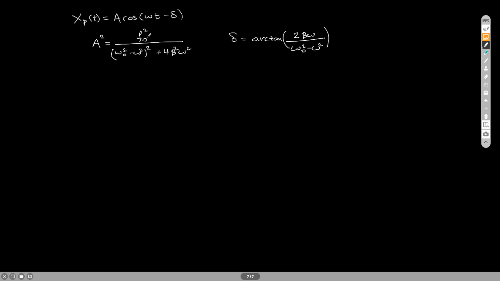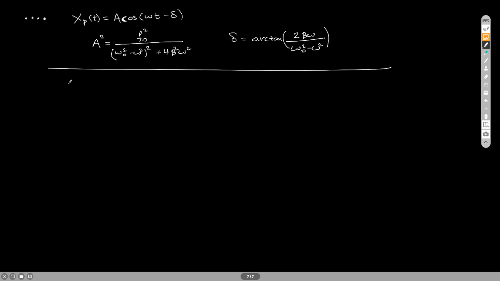As I said, there is a lot of algebra that goes in between what I just wrote and my last step. So there is work that needs to be done. At the end of the day, though, these are the important results. This is the particular solution to the inhomogeneous equation.